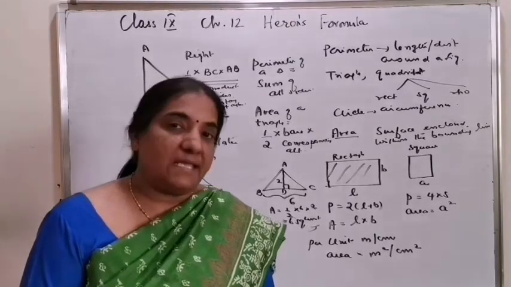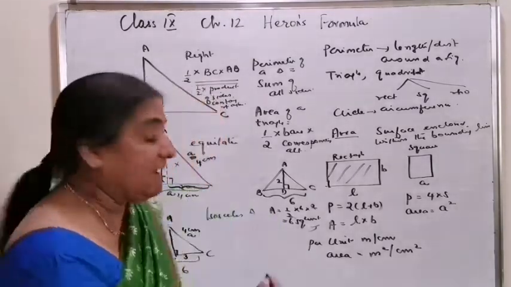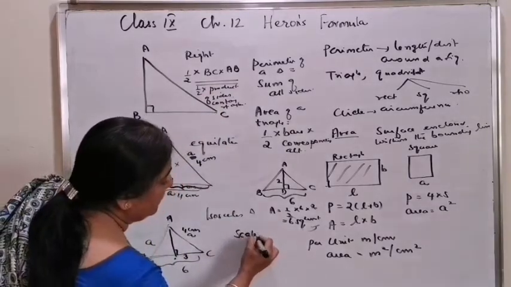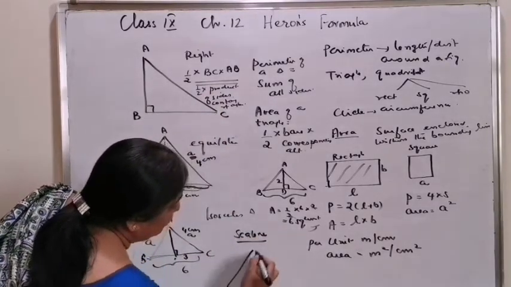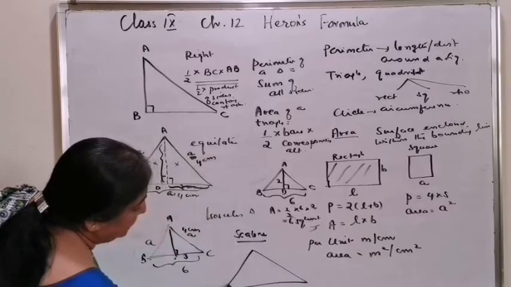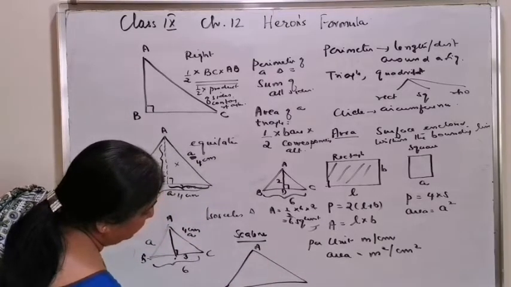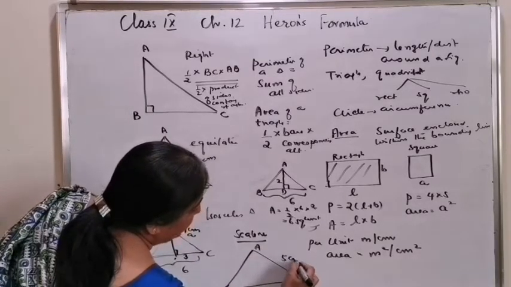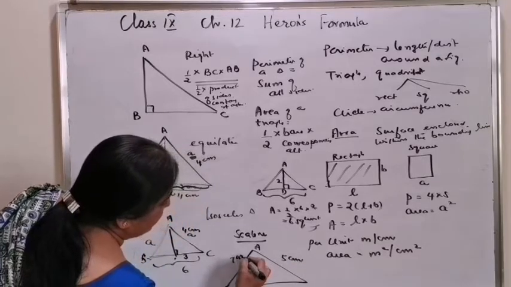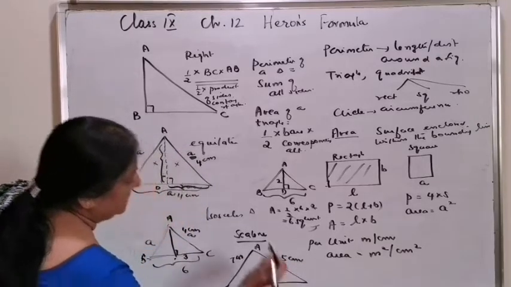What about the case of a scalene triangle? That means all the three sides of a triangle are different: 5 centimeter, 7 centimeter and 8 centimeter.